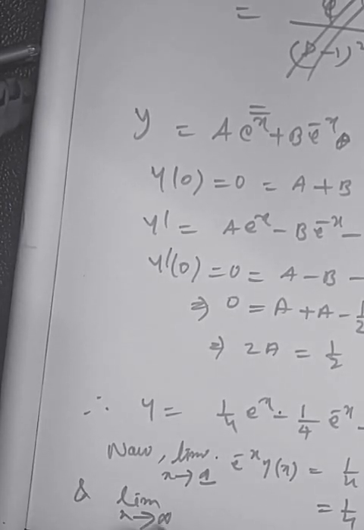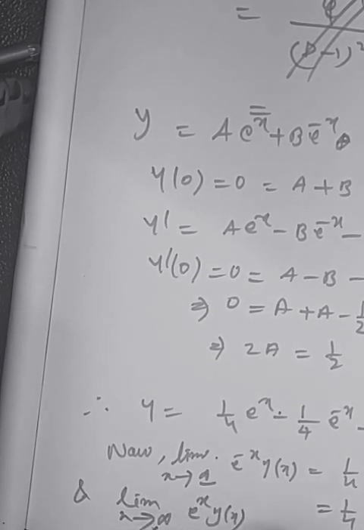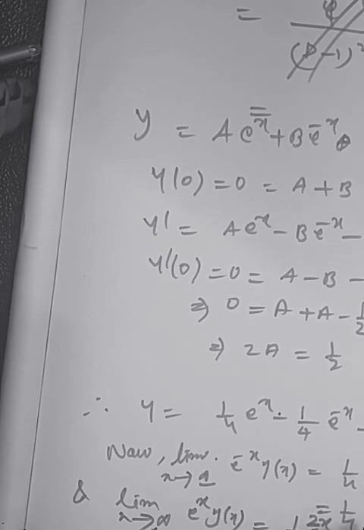As x tends to minus infinity, the limit of e to the power x times y. So 1 by 4 of e to the power twice x, then it will be 0.